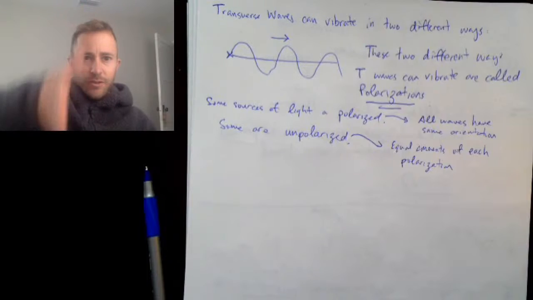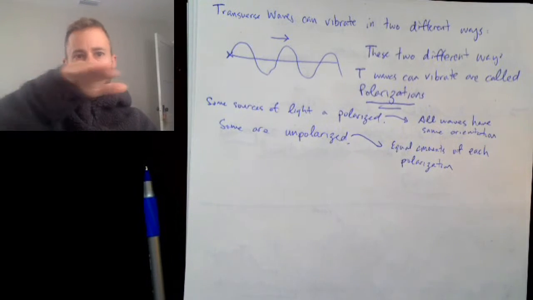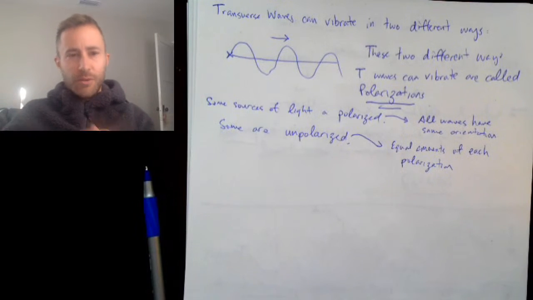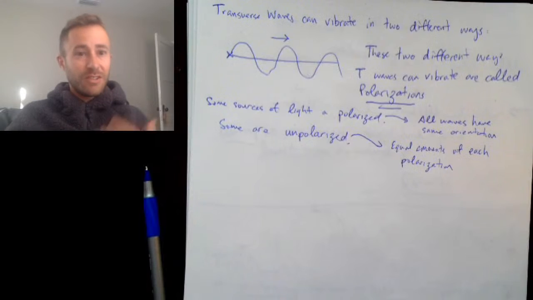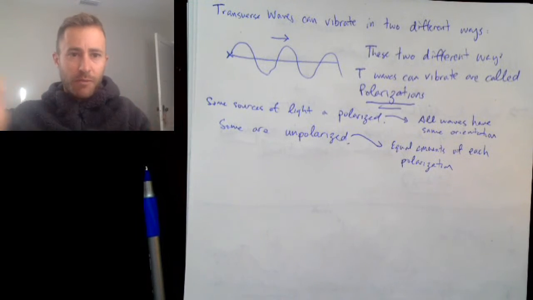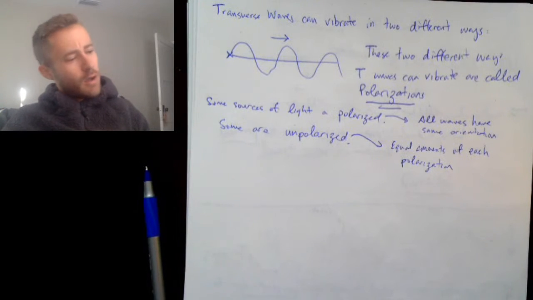So the sun is emitting as many waves that are going up and down as there are side to side. All right, so there's equal amounts of each. So we would say it's unpolarized. There's not any preference for one type of polarization.